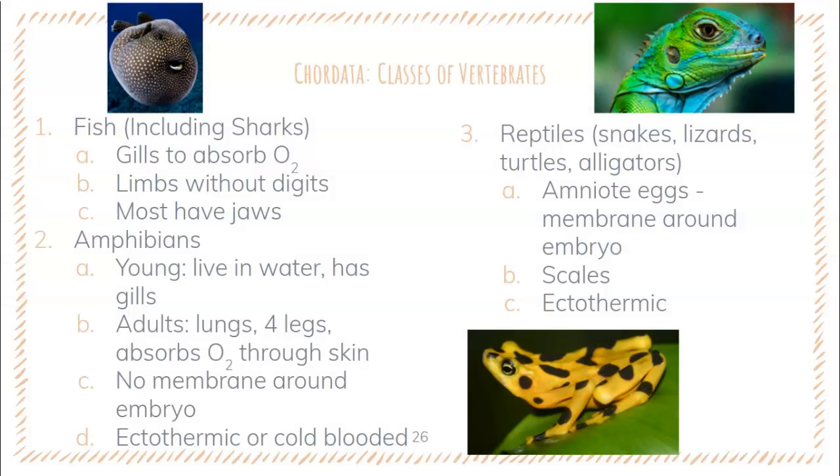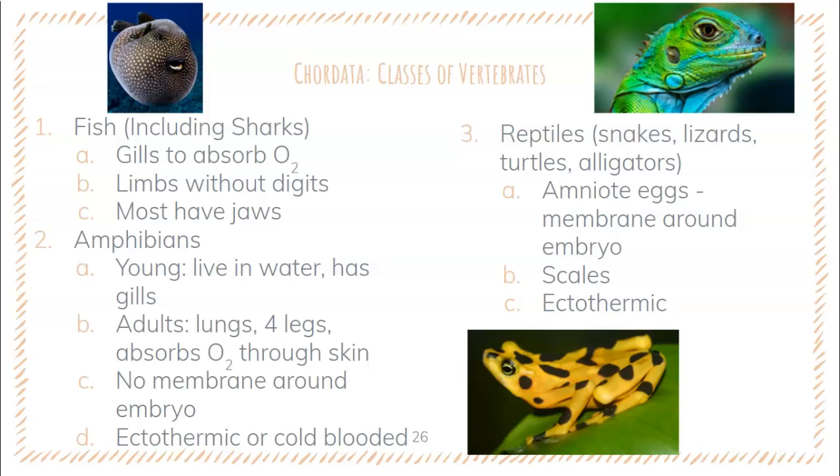And then our vertebrates. Again, I'm not going to spend a ton of time on this, so you should maybe pause and go through this, but some classes of vertebrates that we're going to talk about are fish. So the letters underneath are very specific traits of those vertebrates.